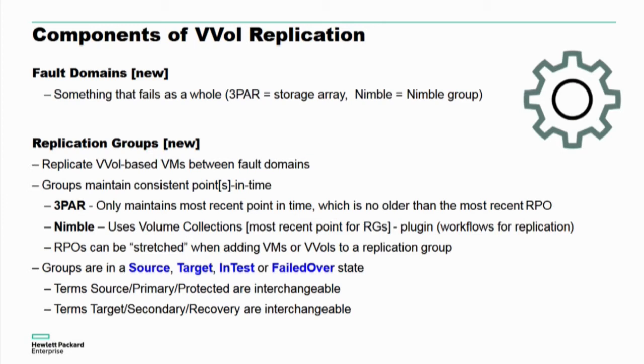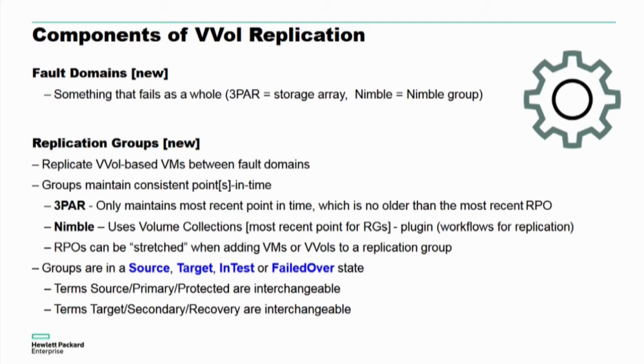In 3PAR, we only maintain the most recent point in time to recover from during a failover. It is possible in the VMware implementation to have multiple points in time, so you can go back in time and say, I'd like something from an hour ago instead of from 5 minutes ago. But that's something we'd be looking at future-wise.